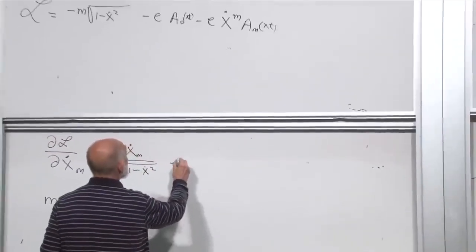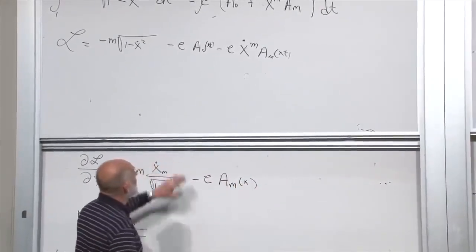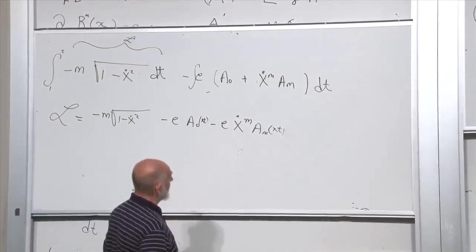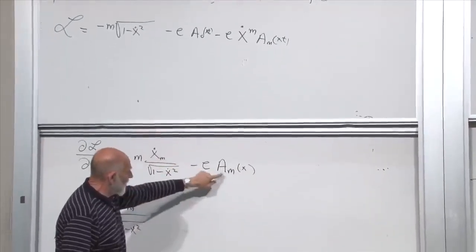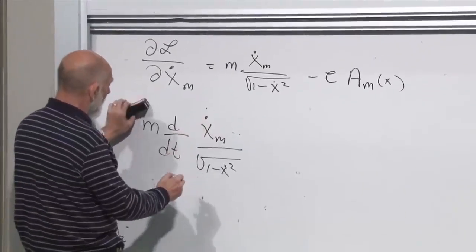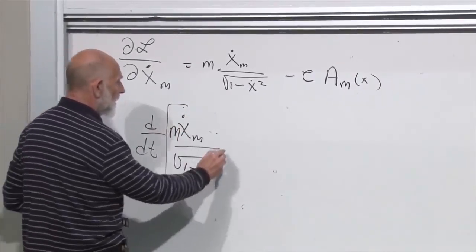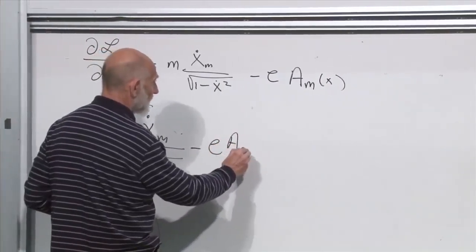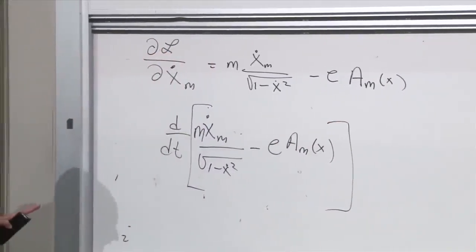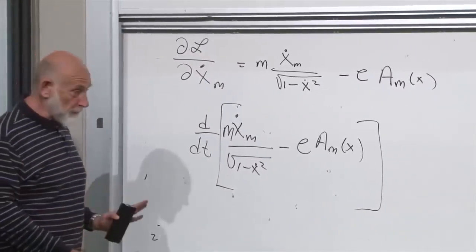What is it? It's minus e times A sub m. From here, the derivative of the Lagrangian with respect to x dot gives us another term, which is just the vector potential, electric charge times the vector potential. So what we have to do is be careful, first of all. This is m times this, minus e A m. That's the full left-hand side of the Euler-Lagrange equation.